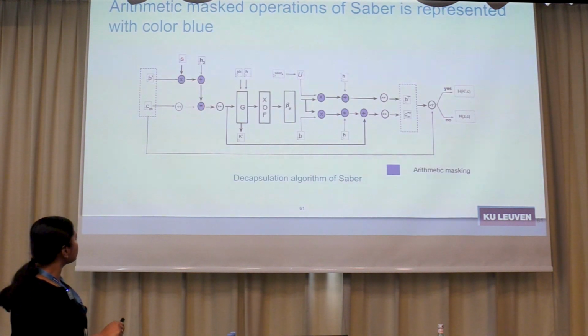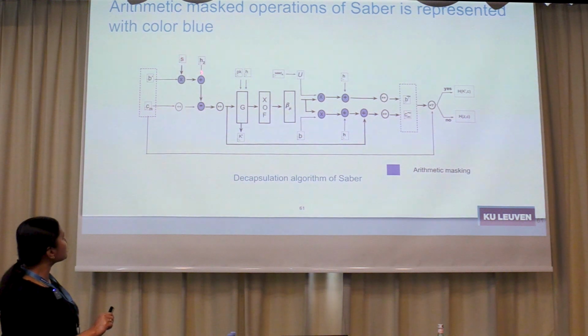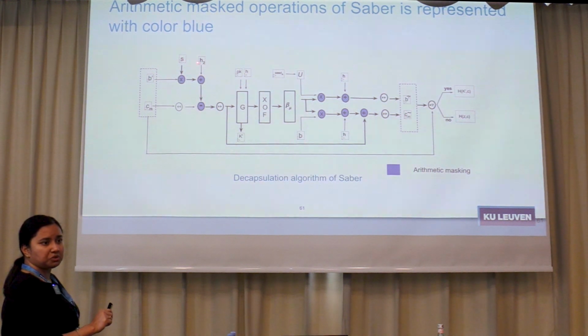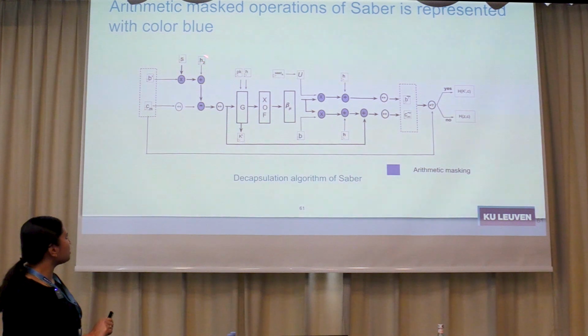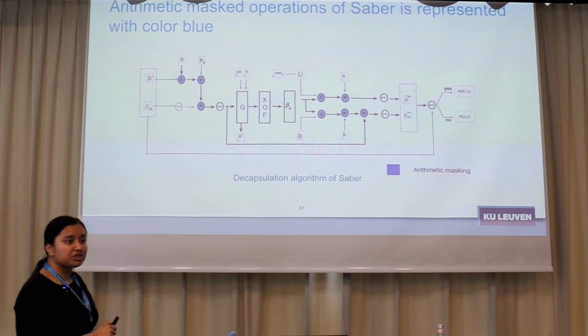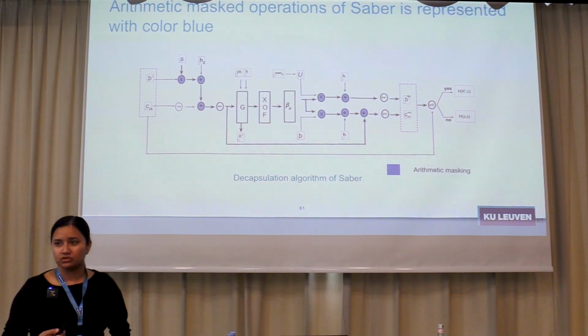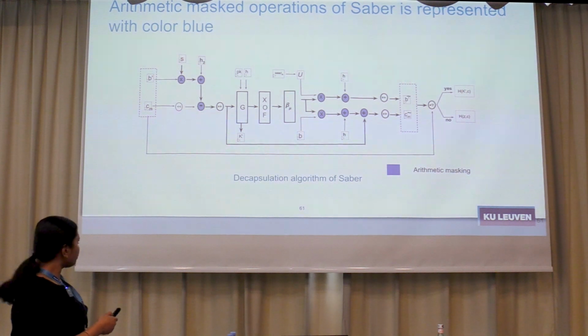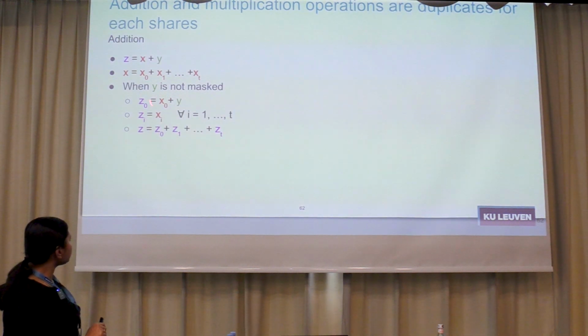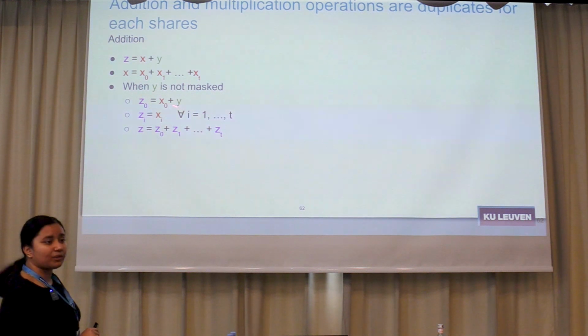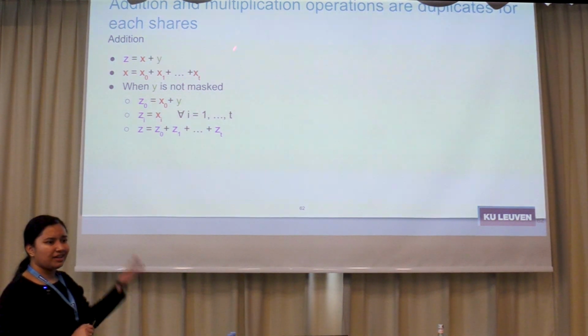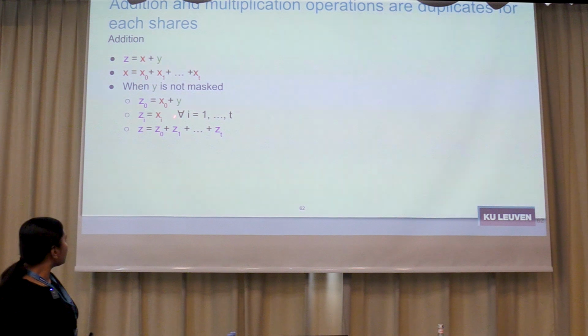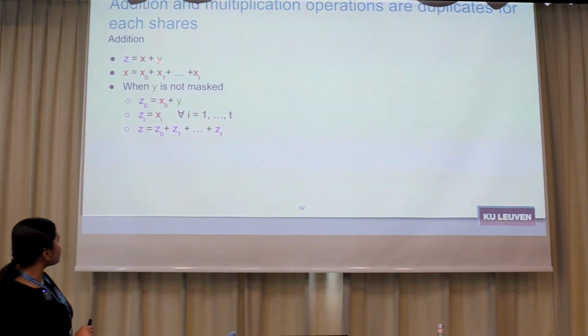One example is this one, okay? H2 is a known constant, so it's not important to mask it, and we want to make sure masking remains cheaper, right? So we don't mask that one. We just mask the x one and we keep y as it is because it's known and anybody can find it. So how will the z share look? It should look like this.